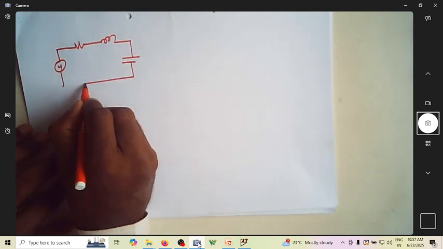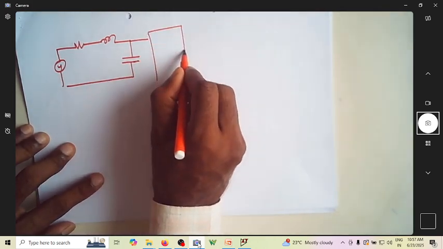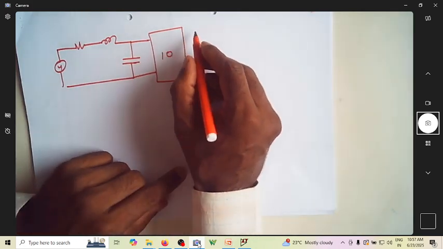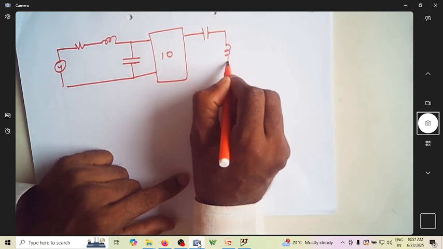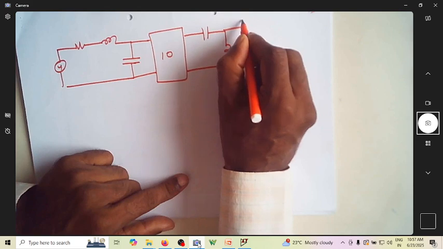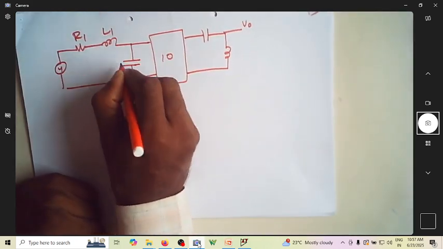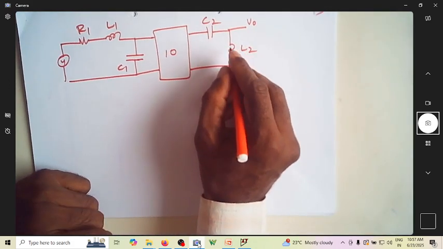Assume I have a circuit like this, with an amplifier with a gain of 10, and a capacitor and an inductor coming here. I want to know what V0 is. So this is R1, L1, C1, this is C2, L2.